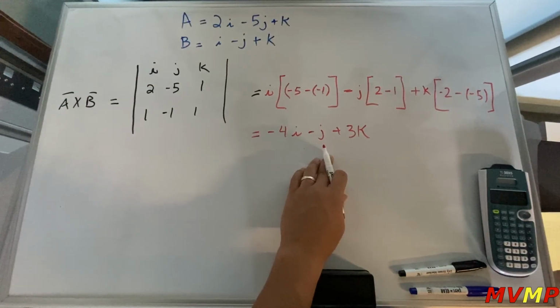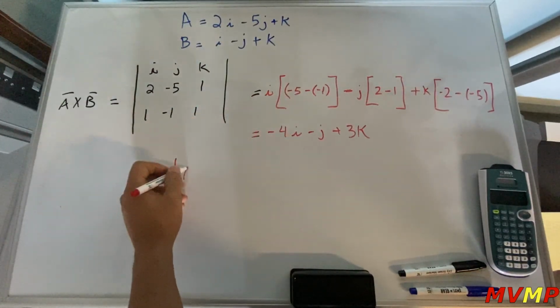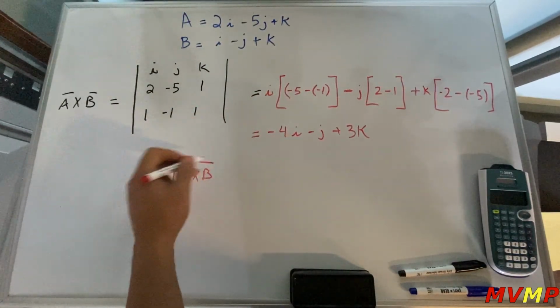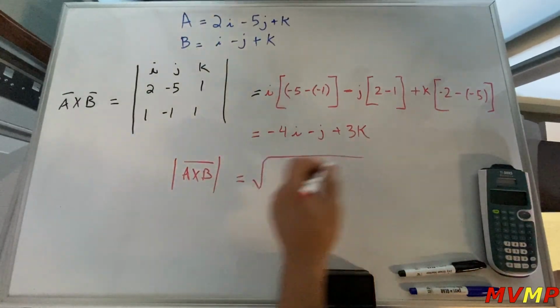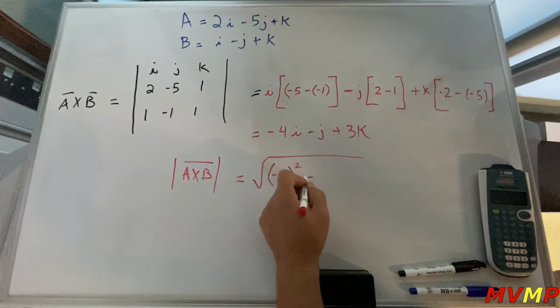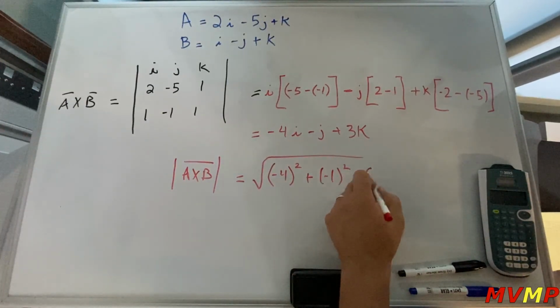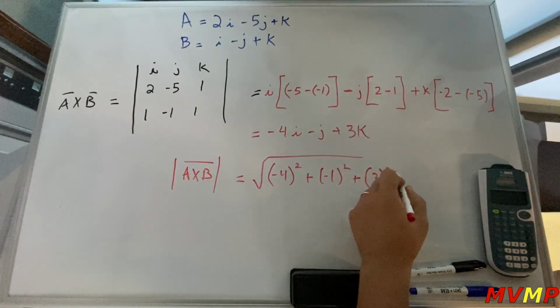So once you have this, what do we do? To get a unit vector, we divide by the magnitude. We did this in the previous problem. To get the magnitude of a and b, we just take the square root of the coefficients: negative 4 squared plus minus 1 squared plus 3 squared.